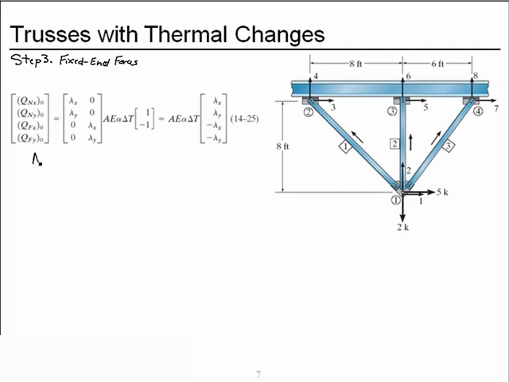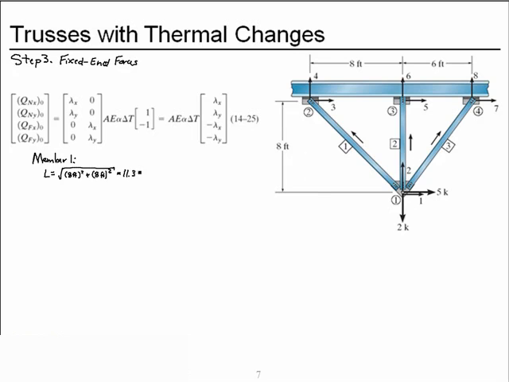So for member 1, the length (8 feet wide, 8 feet tall). So we take the 8 feet squared, add 8 feet squared, take the square root.